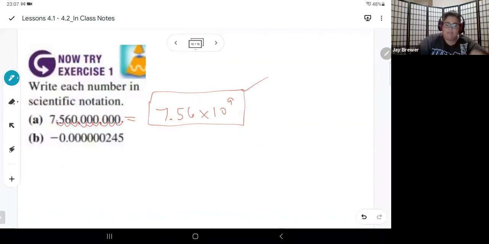Next one is a small number going bigger, so we're going to have a negative exponent. 1, 2, 3, 4, 5, 6, 7. So it'll be negative 7. So 2.45, let's make it a nice 2.45 times 10 to the negative 7th.